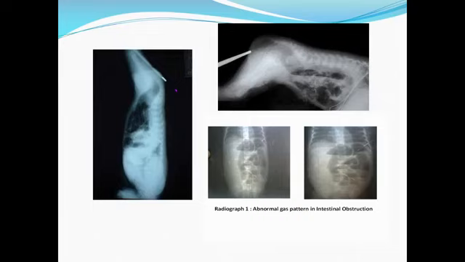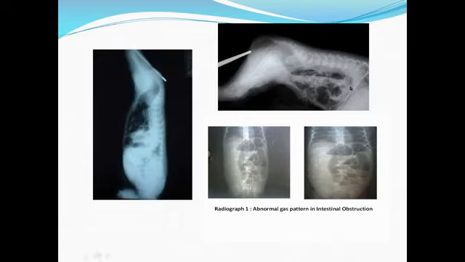But sometimes taking an invertogram X-ray is difficult in a neonate, and it may create some problems. The most common problem is aspiration of the gastric content, which may cause aspiration pneumonia. To avoid this type of complication, we can do a prone cross-table lateral view of the abdominal X-ray.